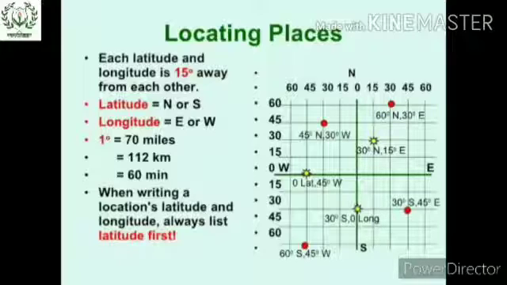Suppose in the picture, in the left top corner, you can see 45 degree north and 30 degree west. That means 45 degree north is the value of the latitude and 30 degree west is the value of the longitude. So we need to find these two lines where they are crossing with each other. That point will be the location of that place.